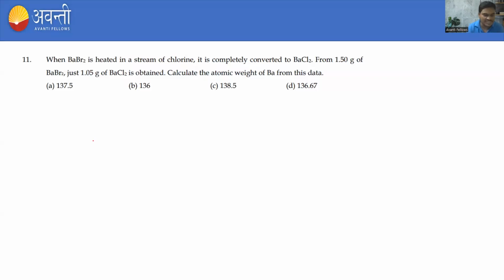So let's write this equation: BaBr2 reacts with Cl2 to form BaCl2 plus Br2.